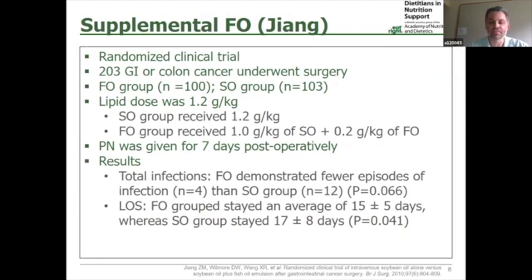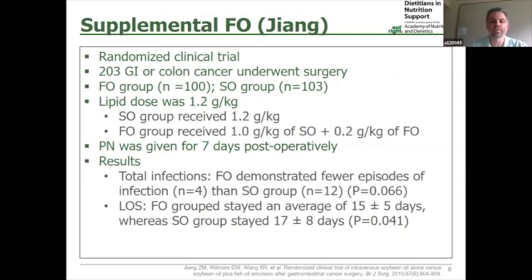In the patients that received soybean, they had a lower nutrition cost than those in the fish oil group. The opposite is true when they looked at the non-nutrition cost. Those that received soybean had a higher cost, and those in the fish oil group had a lower cost.